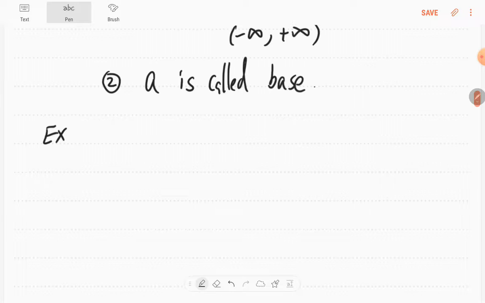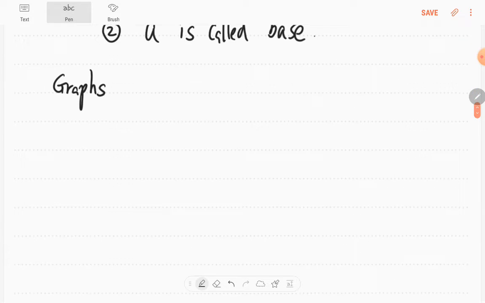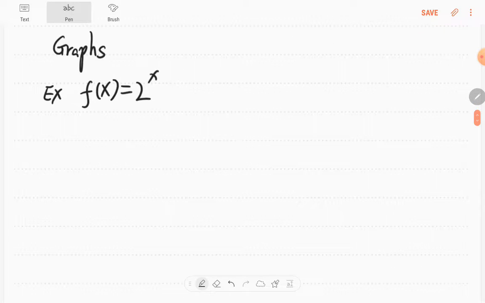Let's look at the graphs of this function. For example, let's look at f of x equals 2 to the x. Since we don't know the graph, we can just find some sample points.